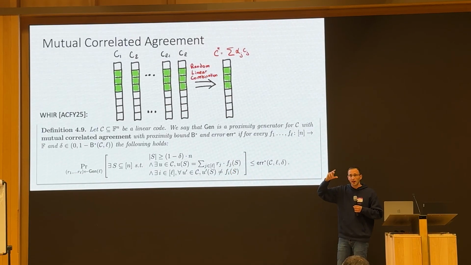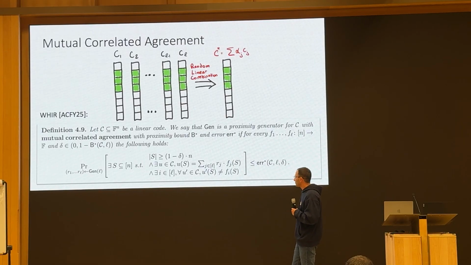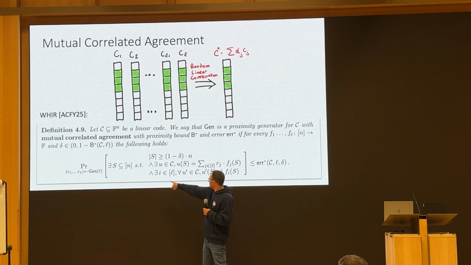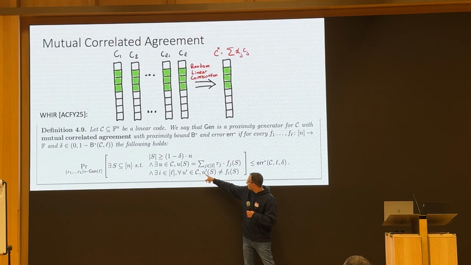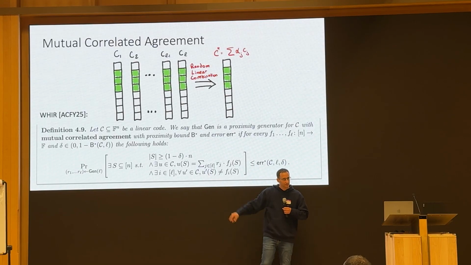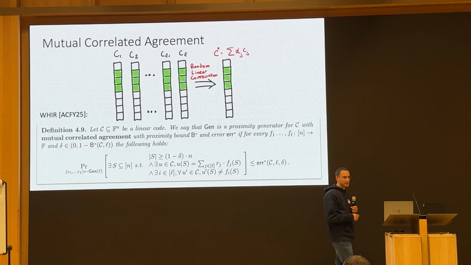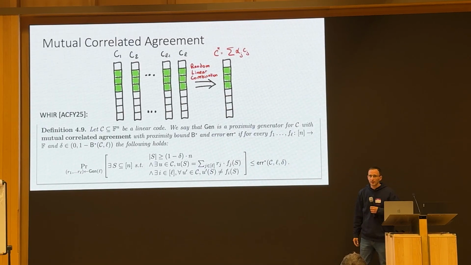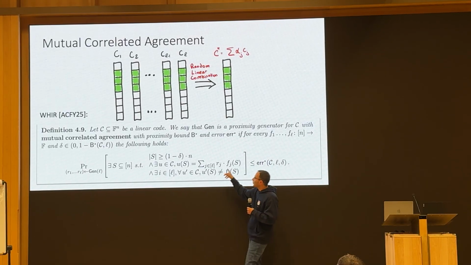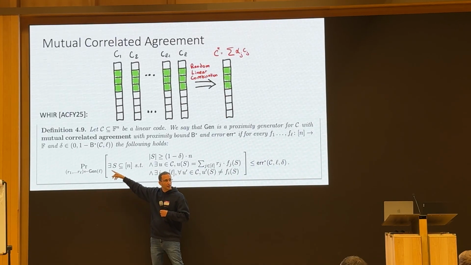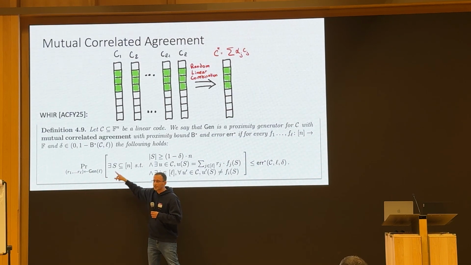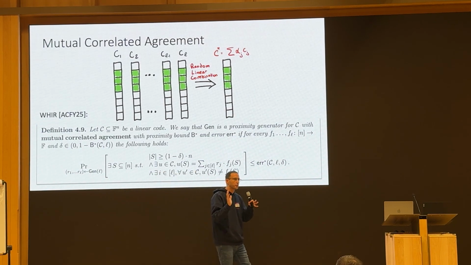This means that the combination is close to low degree on S. However, there exists at least one of them that doesn't agree with any codeword you find on this. So we do not have mutual agreement on S, and the statement says there's not going to exist such an S of the appropriate size.